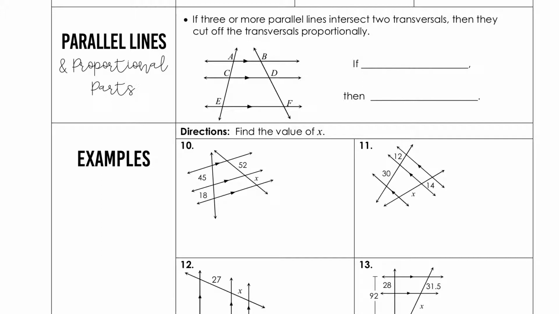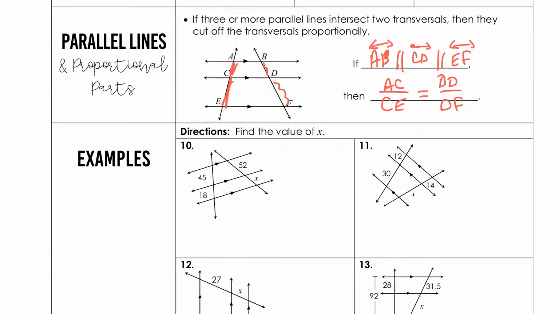So as the example, if AB is parallel to CD and parallel to EF, then we have the following proportion. AC, this segment here, to CE, this segment here, would be equal to BD over DF.